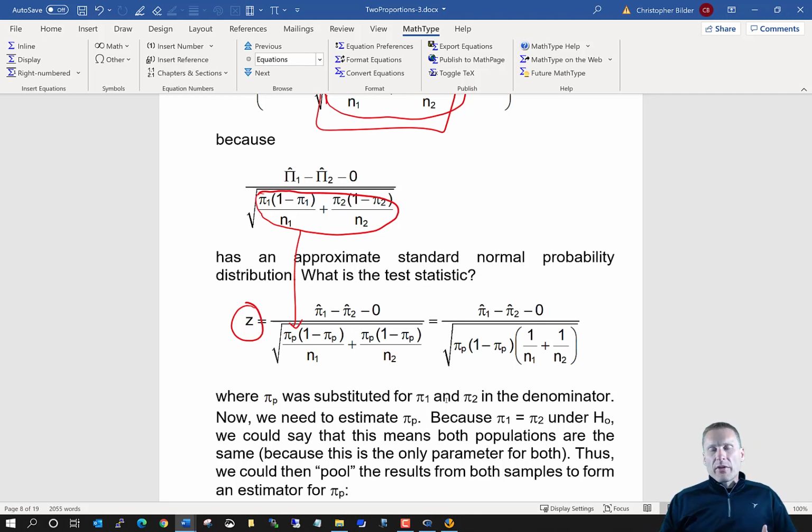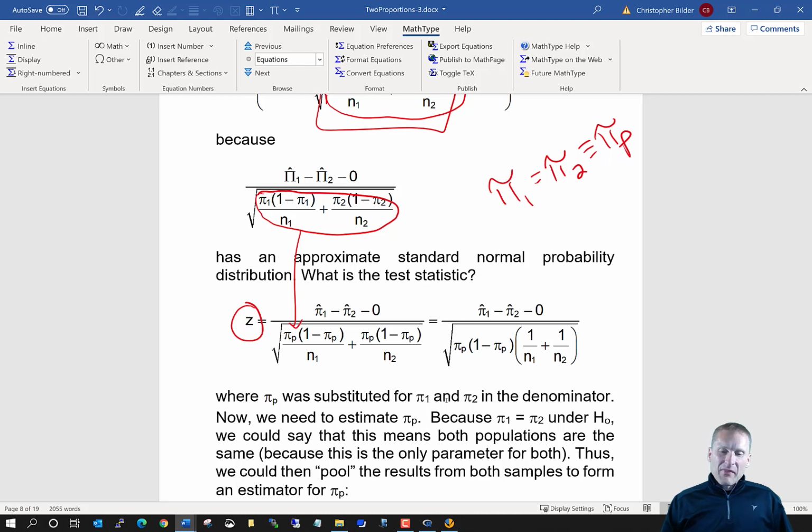We would have a problem with calculating this test statistic because we don't know what pi 1 or pi 2 are. But we do know that pi 1 under the null hypothesis has to be equal to pi 2. So how about we just call all this equal to pi sub p, for lack of a better letter.